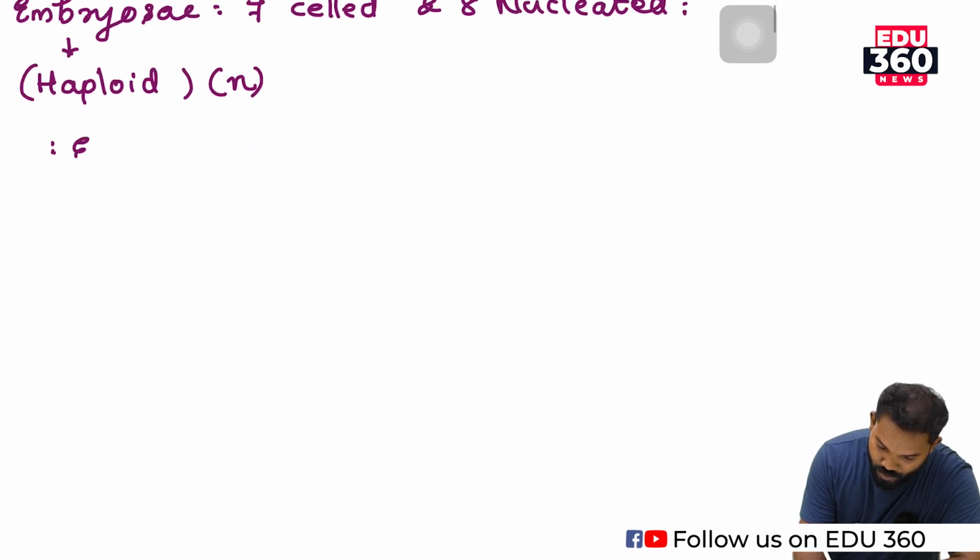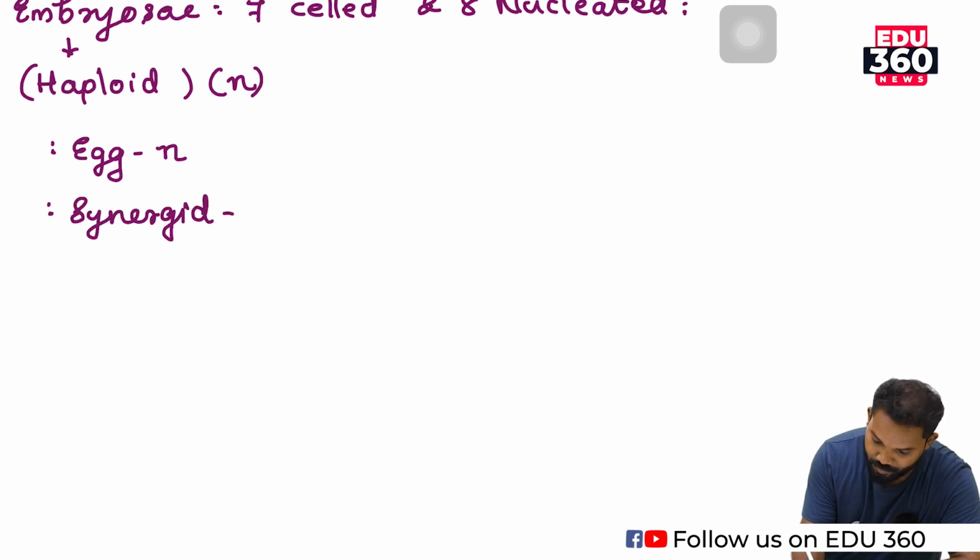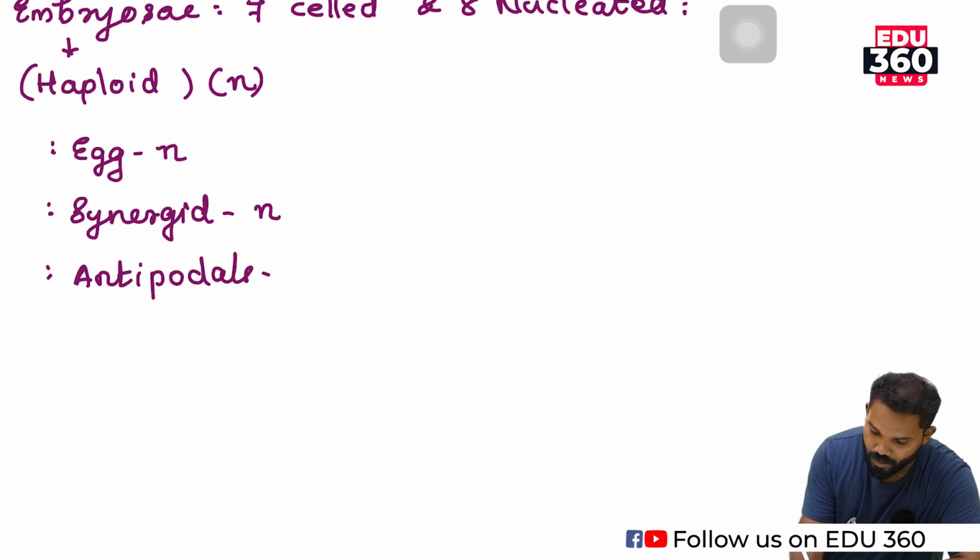Egg apparatus, which contains the egg cell, is haploid. Then there are 2 synergid cells, which are also haploid. Then there are 3 antipodals, which are haploid in nature.